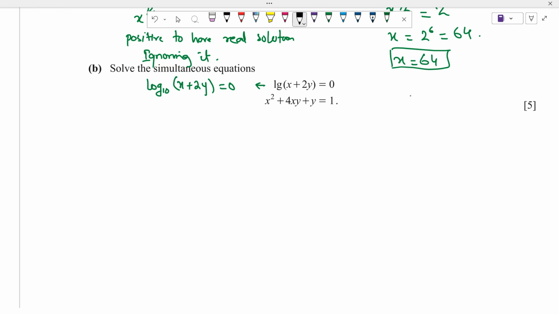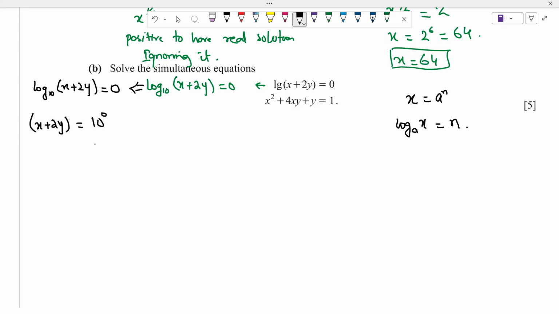The basic information of the log says that if x is equal to a to the power of n, this expression can be written as log base a of x is equal to n. So this equation can be written as log base 10 of (x + 2y) is equal to 0, which means x + 2y is equal to 10 to the power of 0.